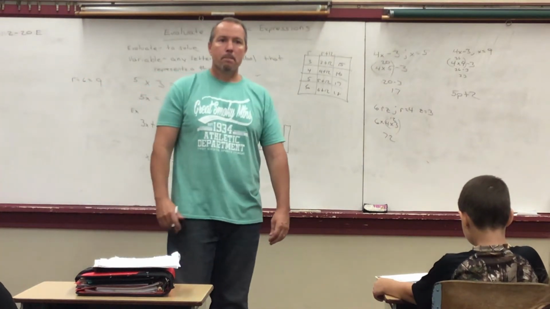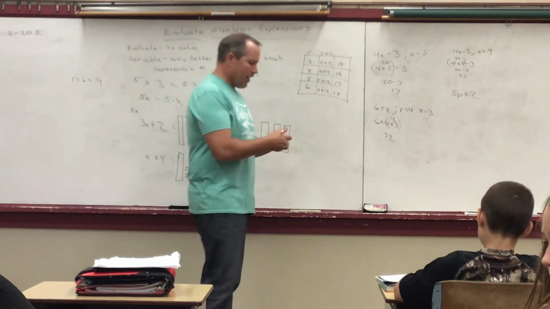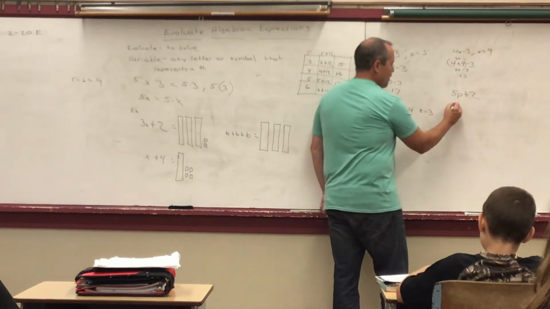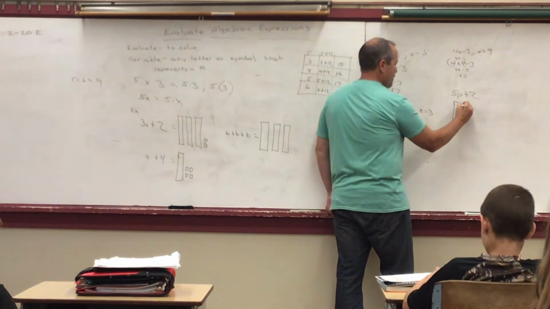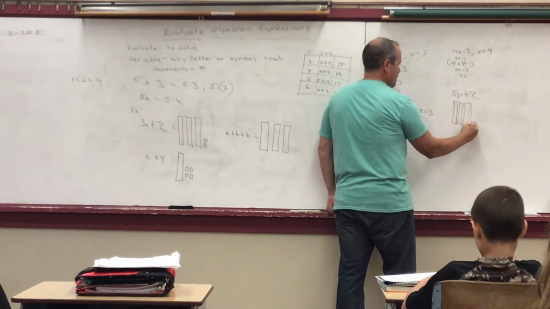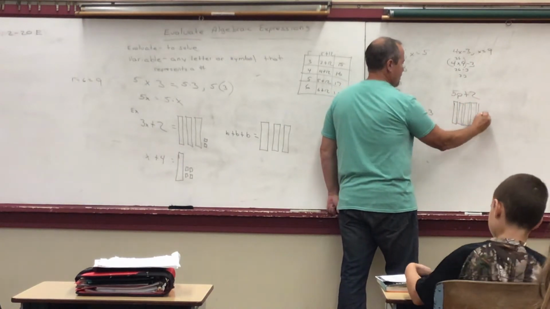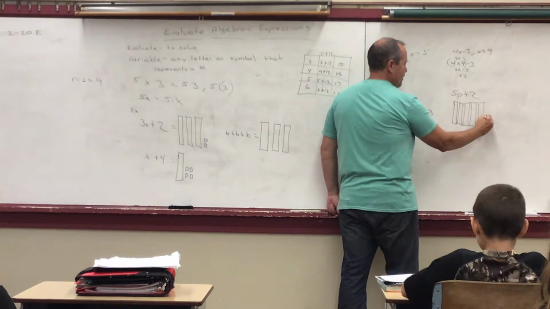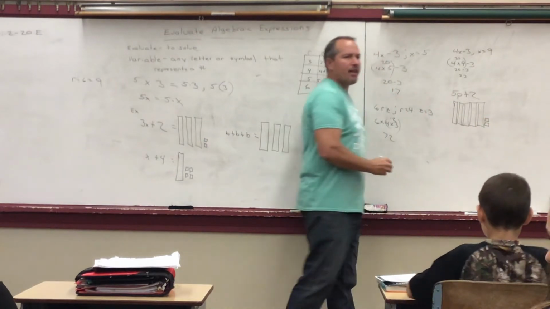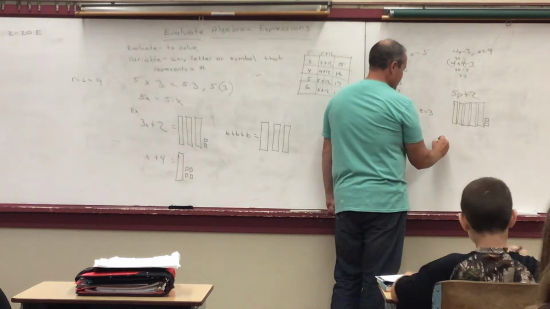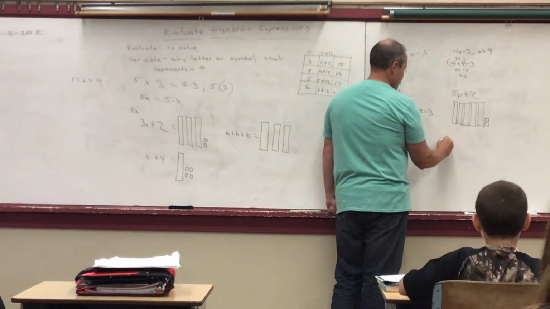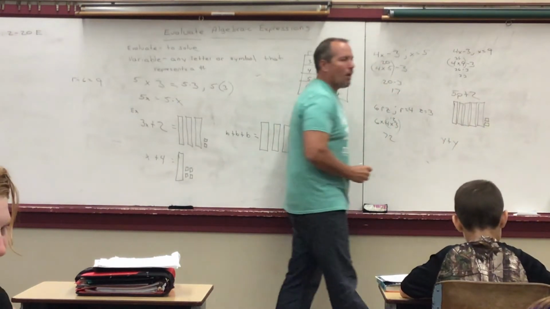And so if you were to draw this, you would have 5 of these rods, and then you would have 2 more onto that. Let's say you had y plus y.